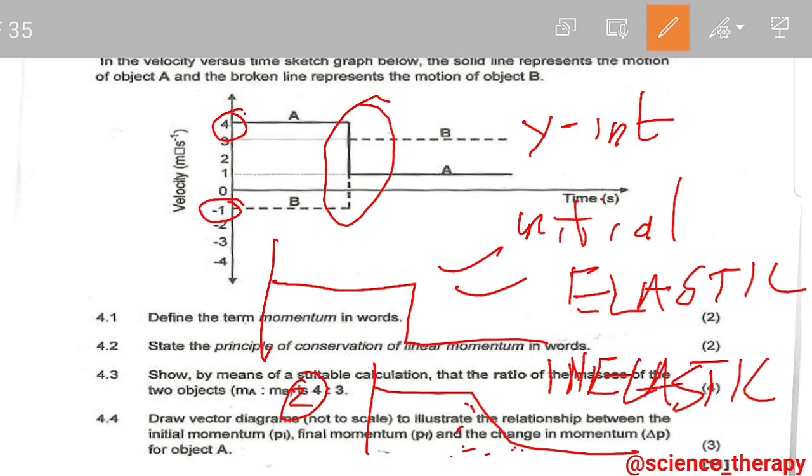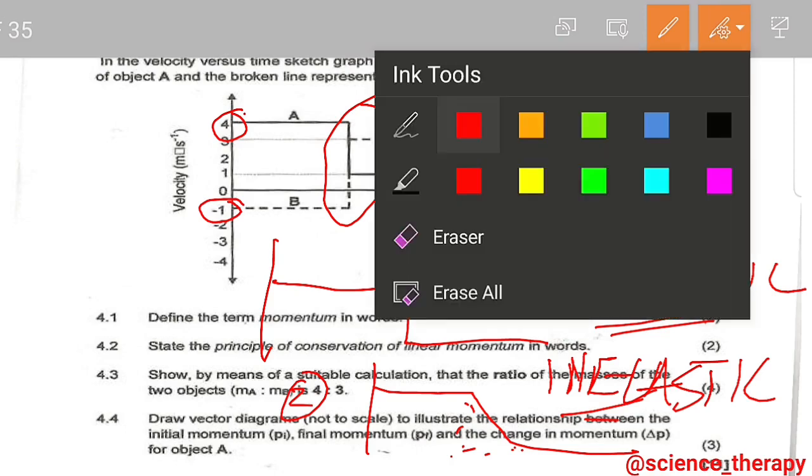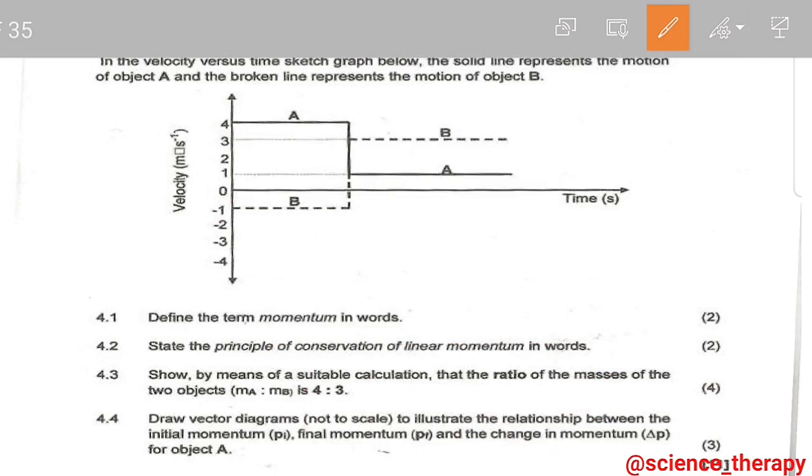So the force is in contact with the object, and then there is a loss of energy during the collision, right? So remember, an elastic collision is where both momentum and kinetic energy are conserved. But with an inelastic collision, momentum is conserved, but the kinetic energy is not conserved, right? Awesome.